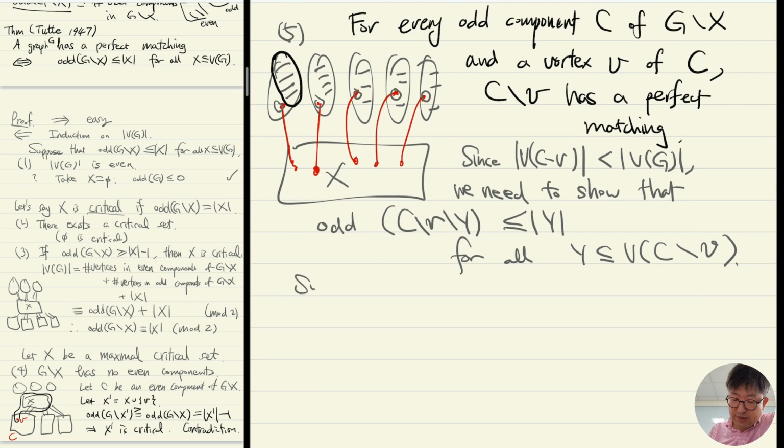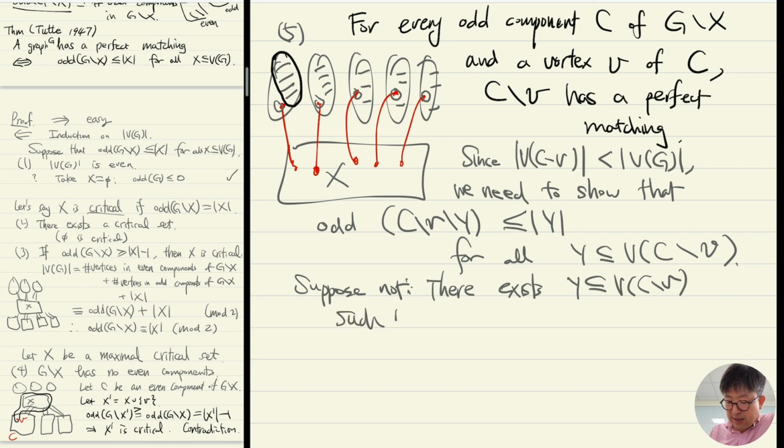So suppose that. That means there exists Y, a subset of C delete V, such that the number of odd components is too big, bigger than |Y|.